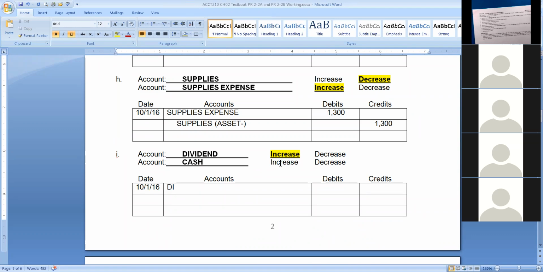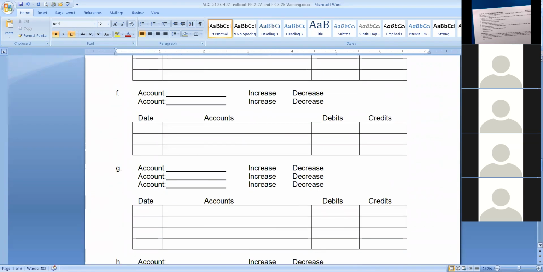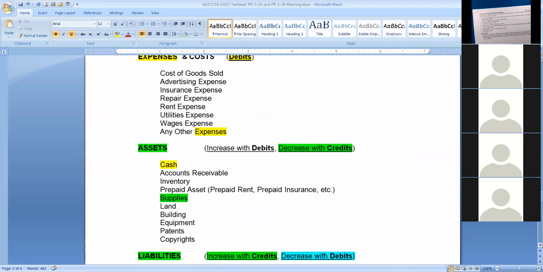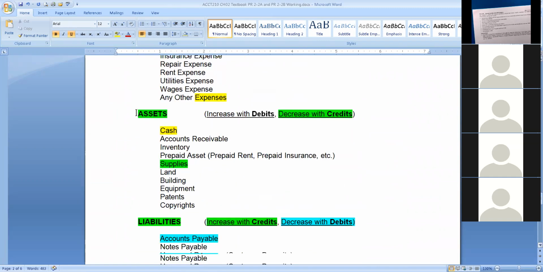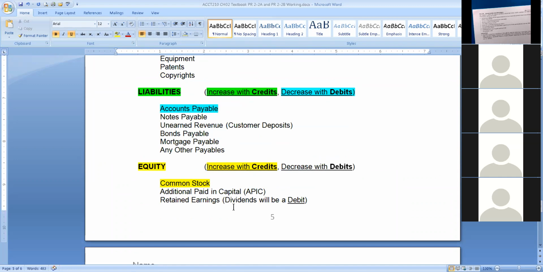Cash, if we pay these out, is it going to increase or decrease? Decrease. Yep. So these are paying out cash to the owners. Okay, so cash is going credit. And way down here at the bottom, dividends will be a debit.